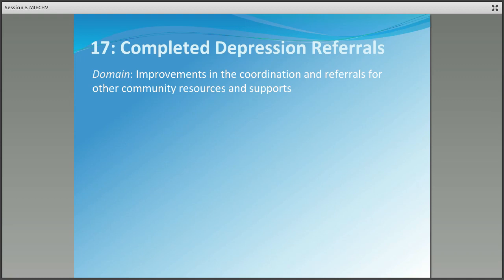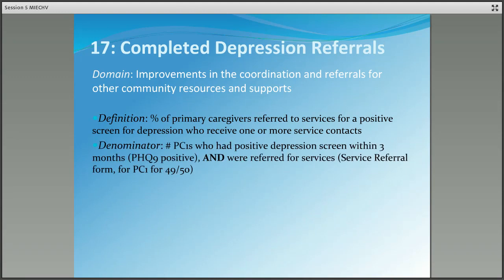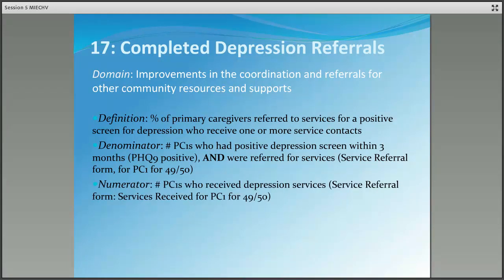Number 17 looks at completed depression referrals. So this is the percent of primary caregivers referred to services for a positive screen for depression who received one or more service contacts. So did they get a referral? Our denominator is the number of PC1s who had a positive depression screen within 3 months, so their PHQ is positive, and were referred for services related to the items that came up on the PHQ-9.